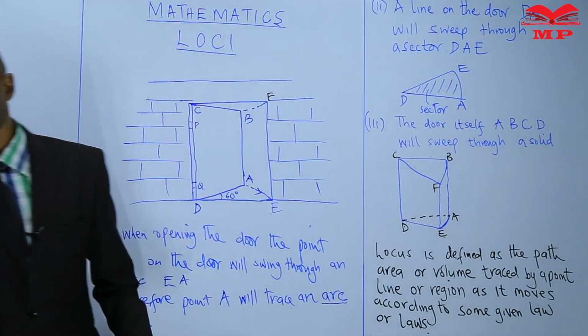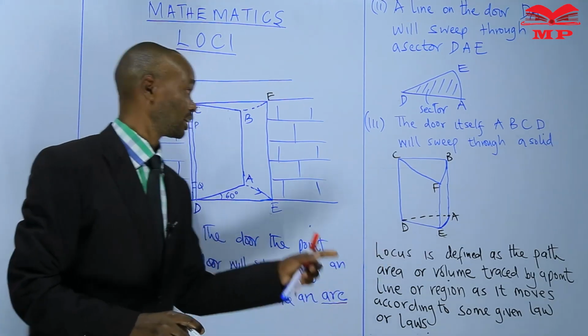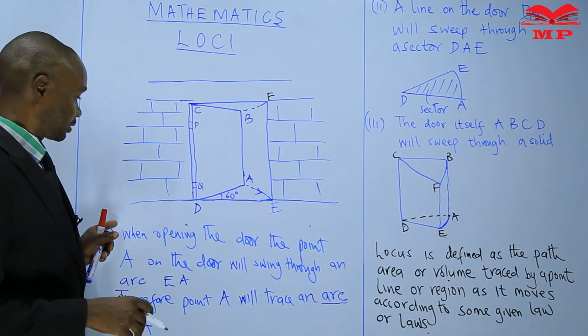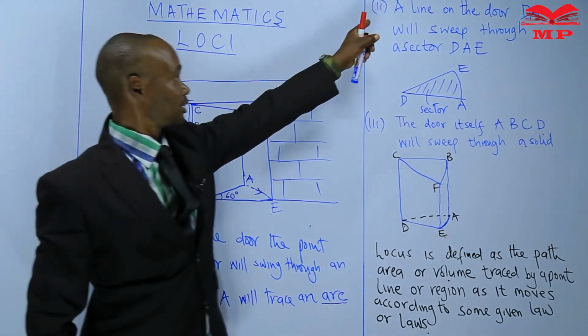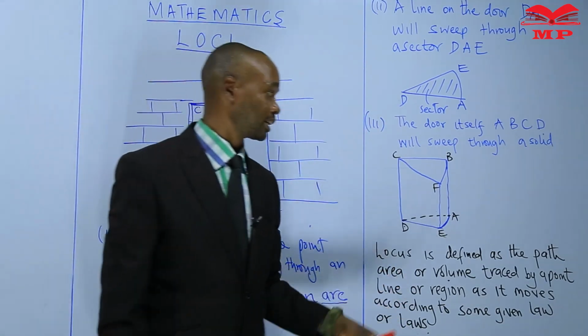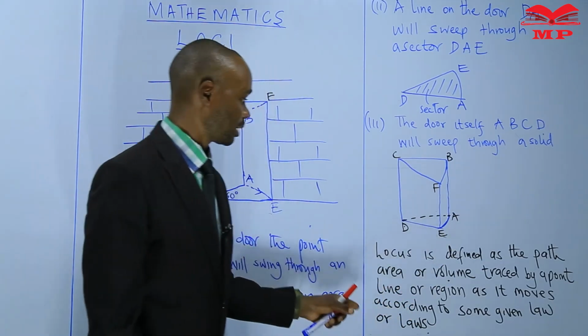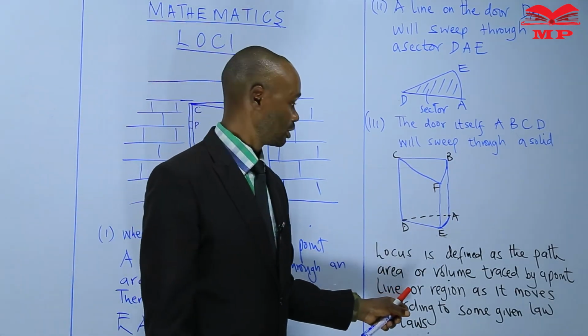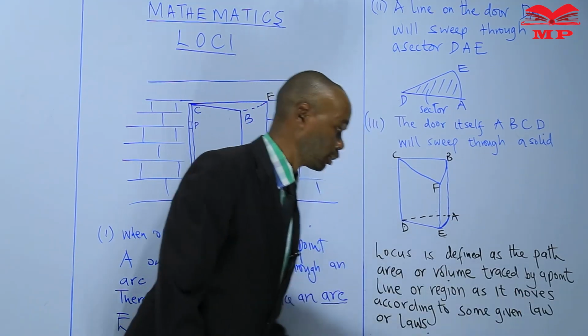That gives us the definition of a locus. That's why I had to go through the first explanation, the second one, and the third one. So a locus is defined as the path, area, or volume traced by a point, line, or region as it moves according to some given law or laws.